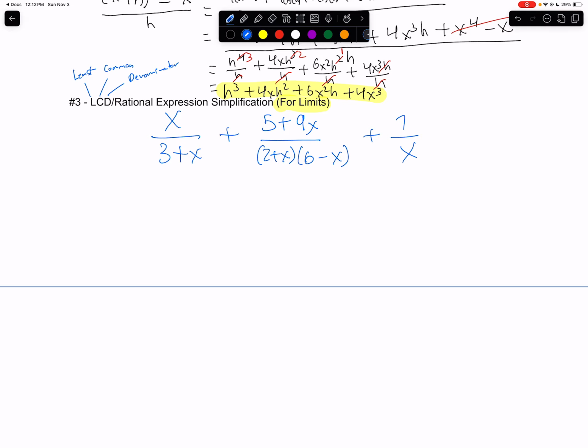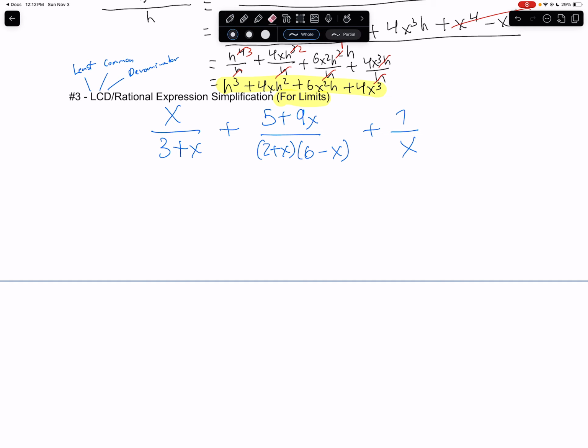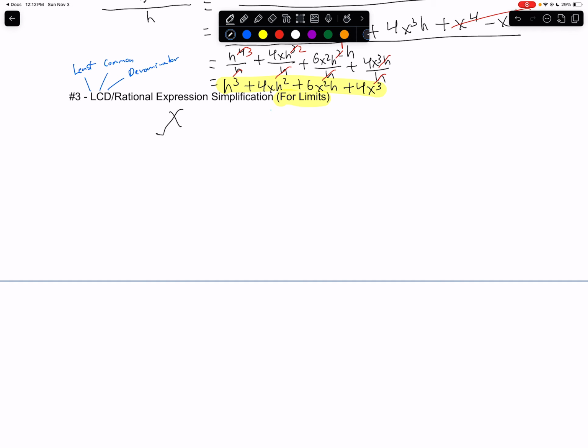Okay, so if you're asked to add this, let me rewrite it in black here, because blue is usually my annotation color.